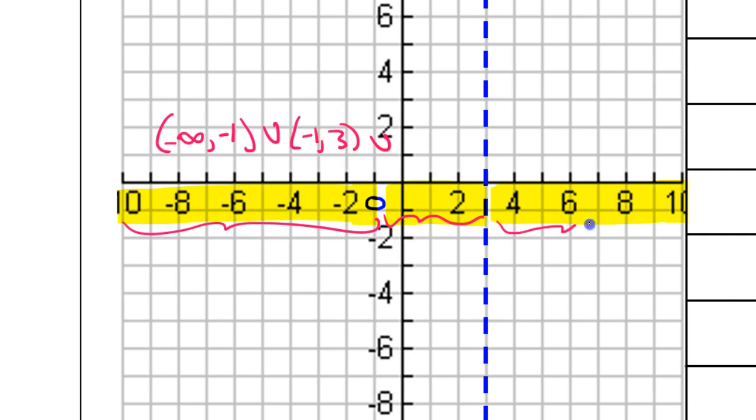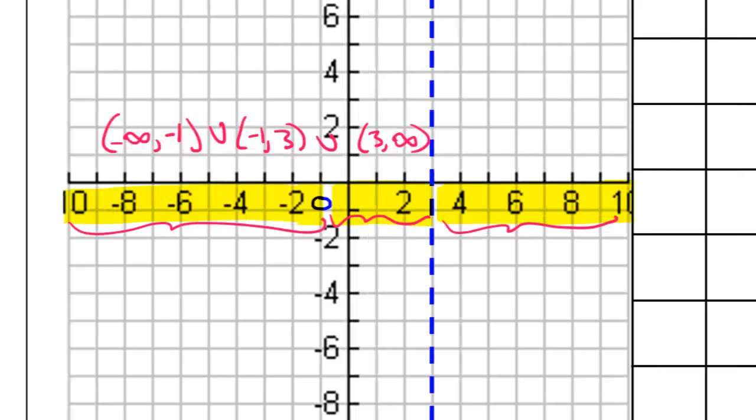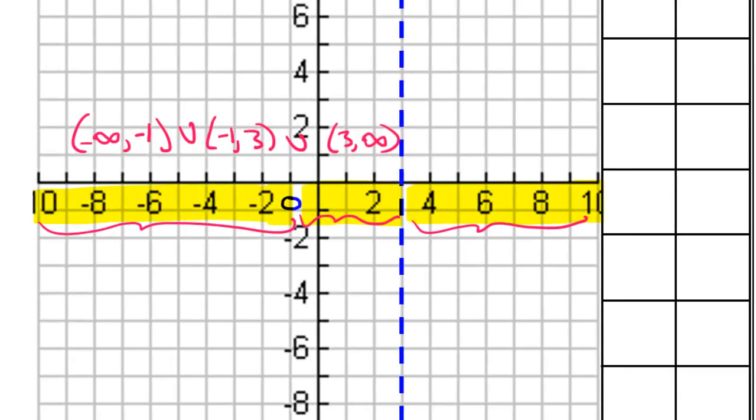Okay, now I'm going to do the remaining part, which is going to go from 3 to +infinity. That's going to be my domain. I don't even need to know what the graph is doing. I can get it just from the hole and the vertical asymptote. Alright, I'm just going to recopy this off camera.